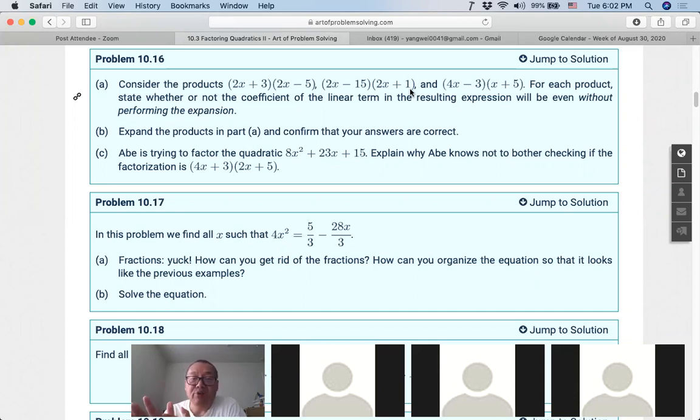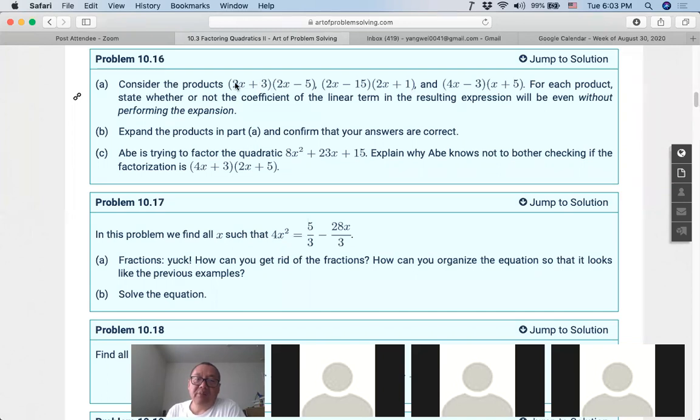Then they ask you to state whether or not the coefficient of the linear term, so that's the middle one, in the resulting expression will be even. Okay, how can you find out if it will be even? You can just say 3 is an odd number. This odd number times an even number gives you an even number.